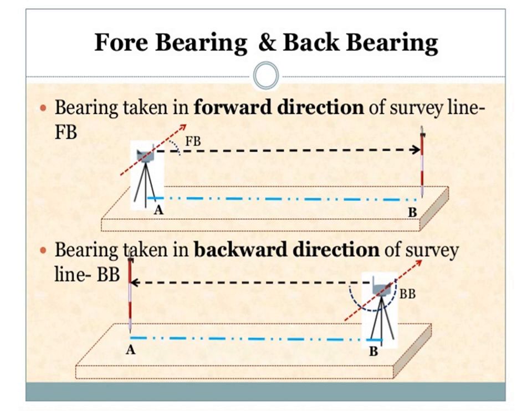Whereas, when considering the same line AB, but the instrument is set up at B and you establish a line of sight with a ranging rod held at A, then the bearing taken in the backward direction of the survey line is called the back bearing of line AB, which is shown in the diagram.